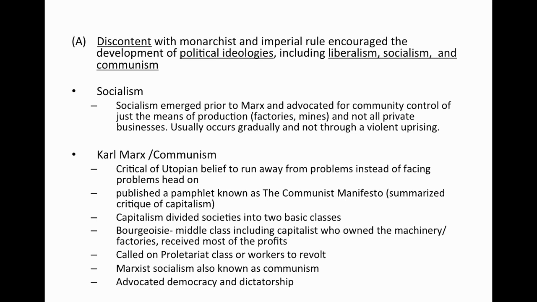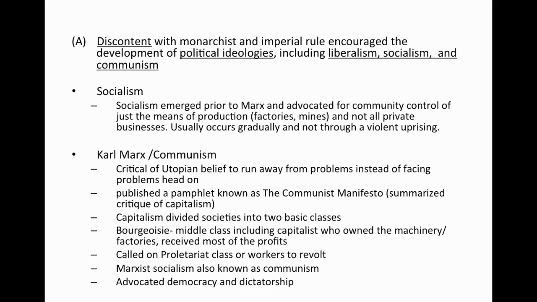It would occur gradually. Socialism doesn't happen overnight. Unlike communism, it goes a little further. And again, the goals are achieved through violence, and that's where Karl Marx comes in. He is frustrated with the struggling situation with workers. He's critical of utopian socialism that calls on people to separate.